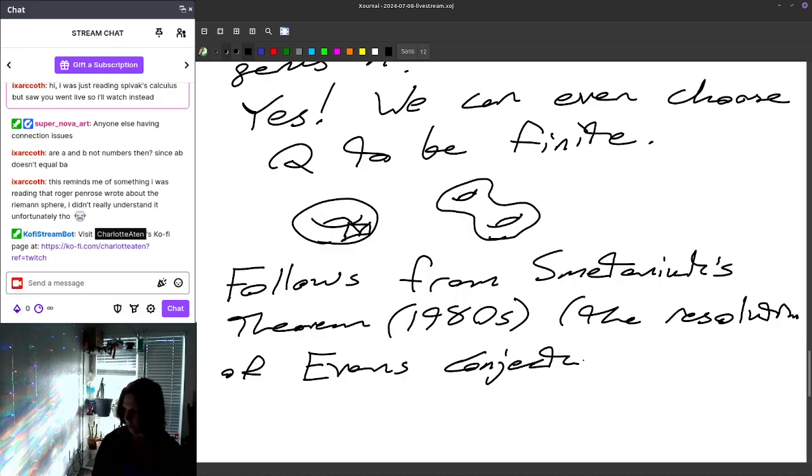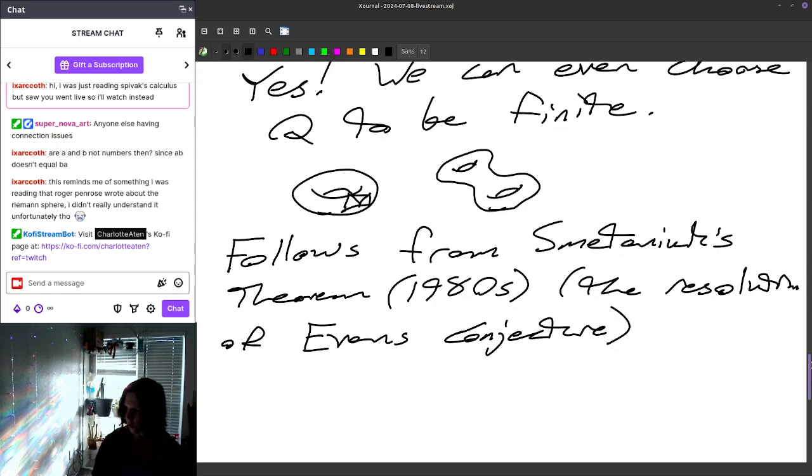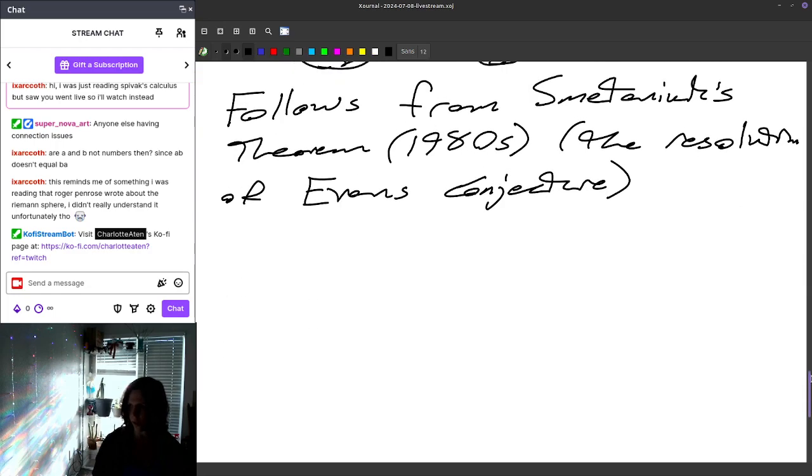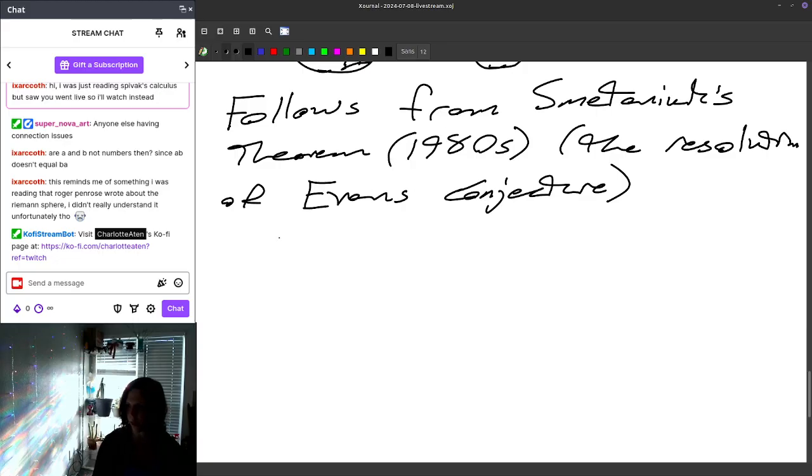I'm not going to state what the actual conjecture was. It's not super long, but it's a bit of an aside. But what this theorem implies is what we need, though it's a bit weaker than the actual theorem.